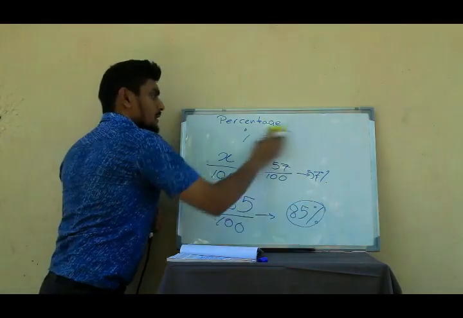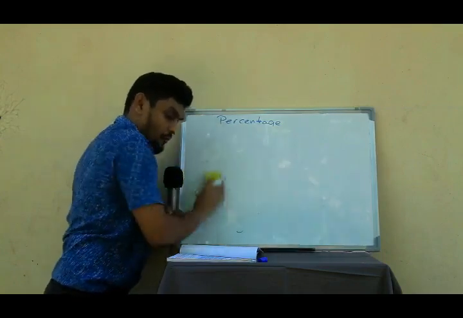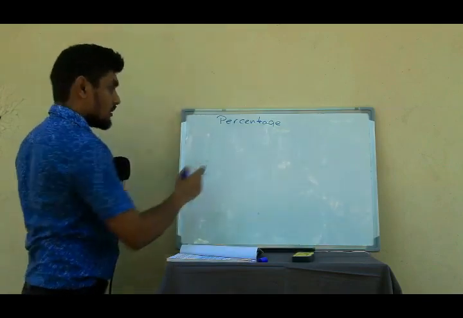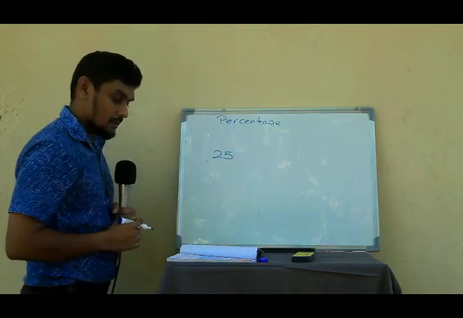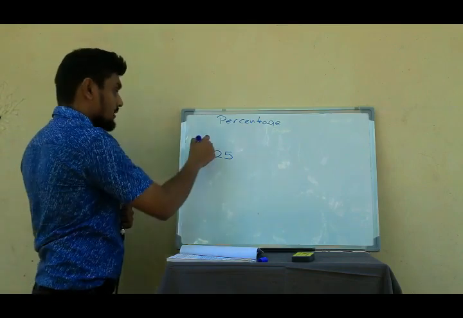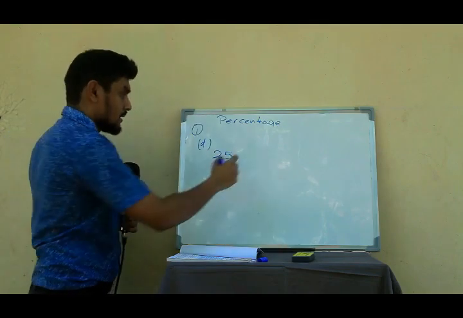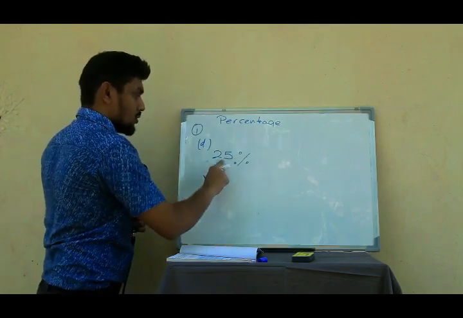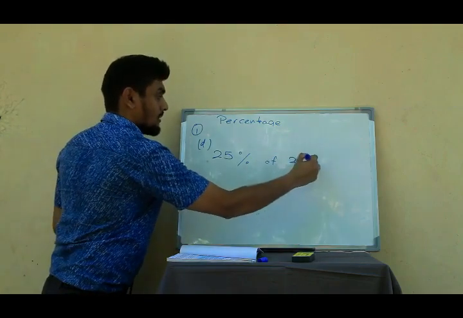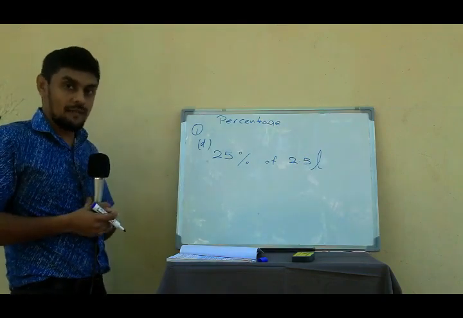So we talk about the review exercise. First question, part 4. Quickly read the question. Compute these following percentages. The part D question of the first one for a review exercise. So 25% of 2.5 liters. So how to solve it?